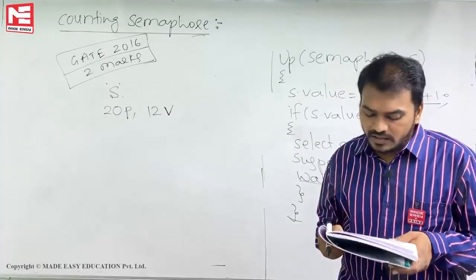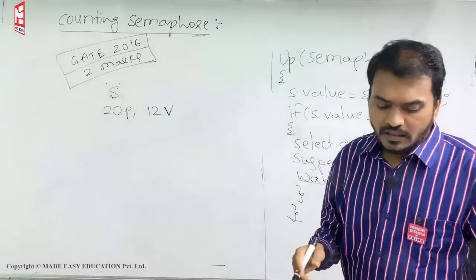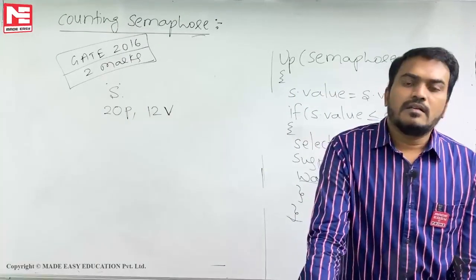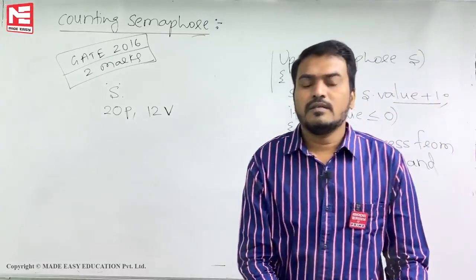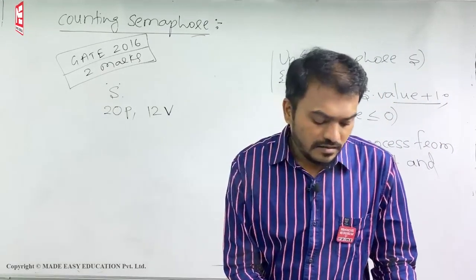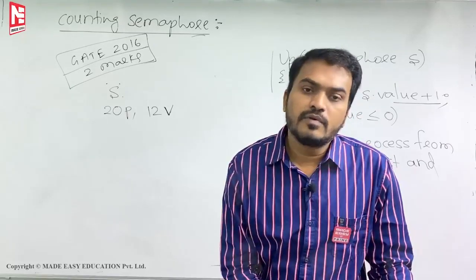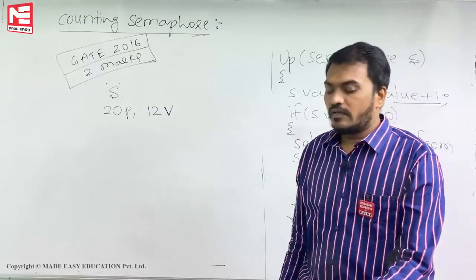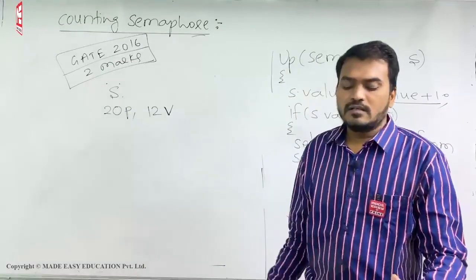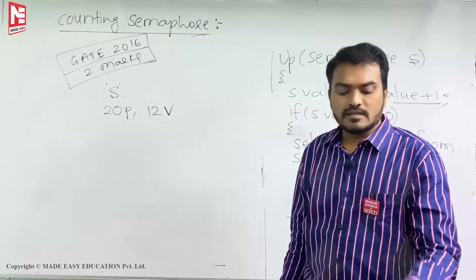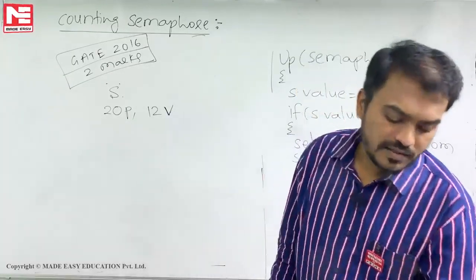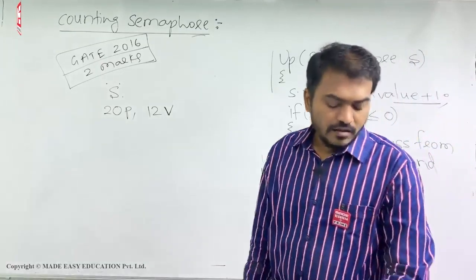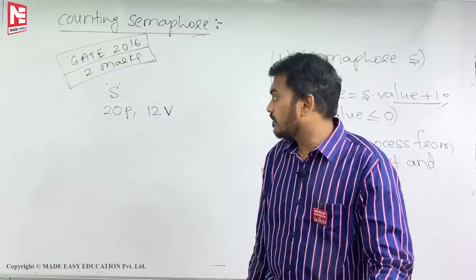Then what is the largest initial value of semaphore S so that one process will remain blocked?